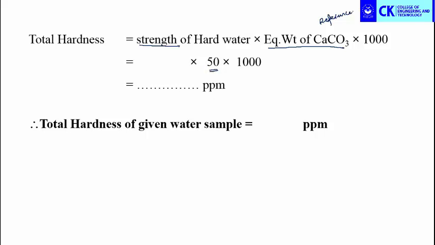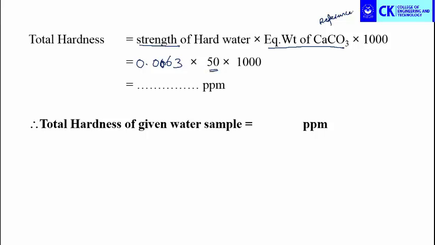So we are going to measure this for the whole solution. We are going to multiply it with 1000. So we need to substitute the value 0.0063 and calculate it: 0.0063 into 50 into 1000.